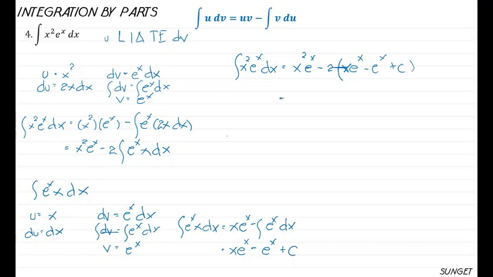So simplify: x squared times e raised to x minus 2x e raised to x plus 2 times e raised to x plus c.